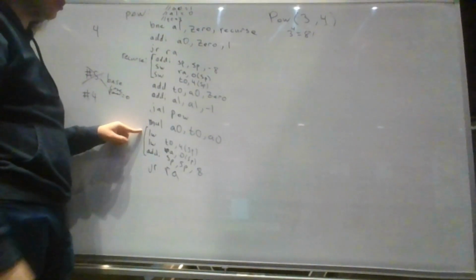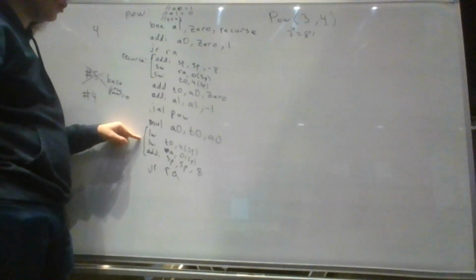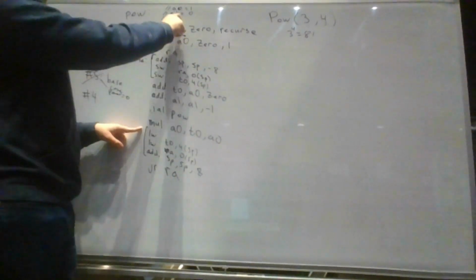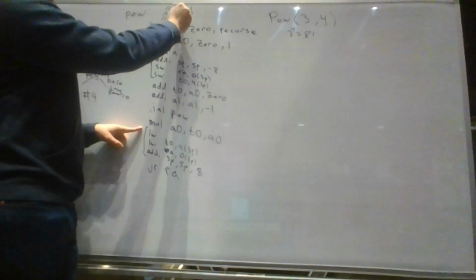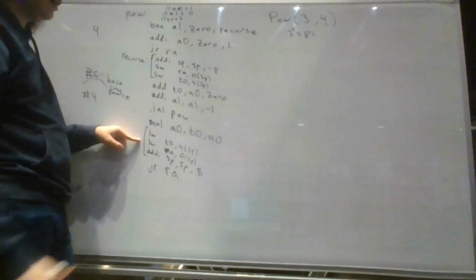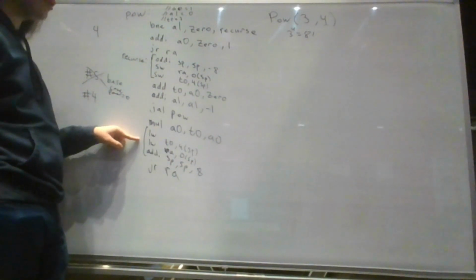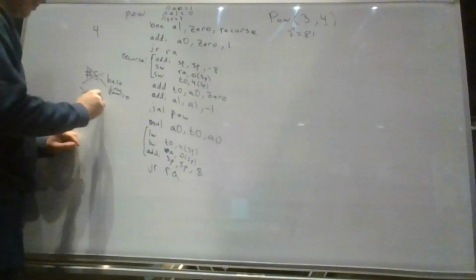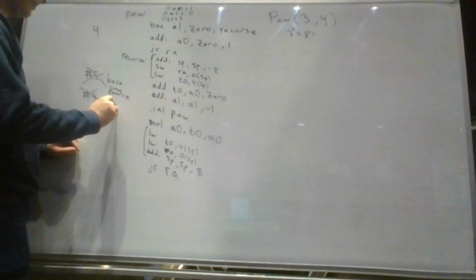And then I load T0 from the stack, I load my return address from the stack, and I restore my stack pointer. When I load T0 from the stack, it's still 3. That's fine. Like I said, we don't need to do this step, but I'm doing it anyways. We figure out where we're supposed to be returning to, we restore the stack pointer, and then we return. So now we're done. This was the case where power was equal to 1.